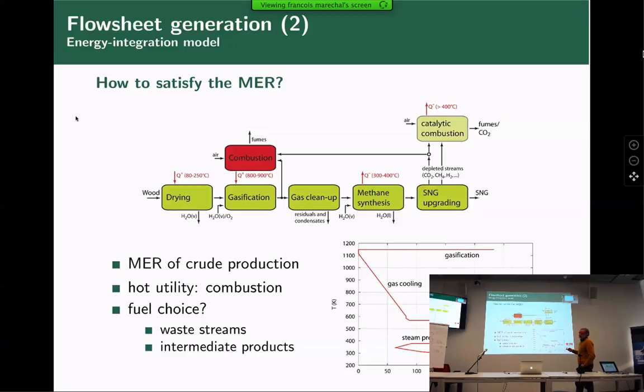Something interesting here is that, as I'm using the resource and I have to close the energy balance with it, the better I am in the heat integration, the more I will have in this line. So I will have to write an equation that says the amount of syngas that goes in this line is related to the amount consumed for closing the energy balance.